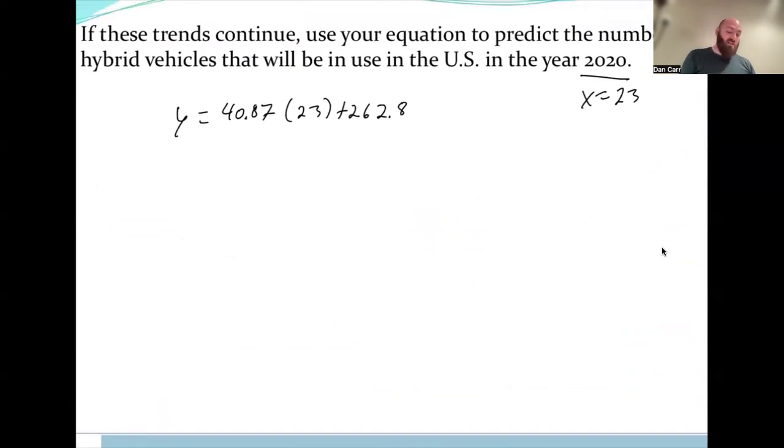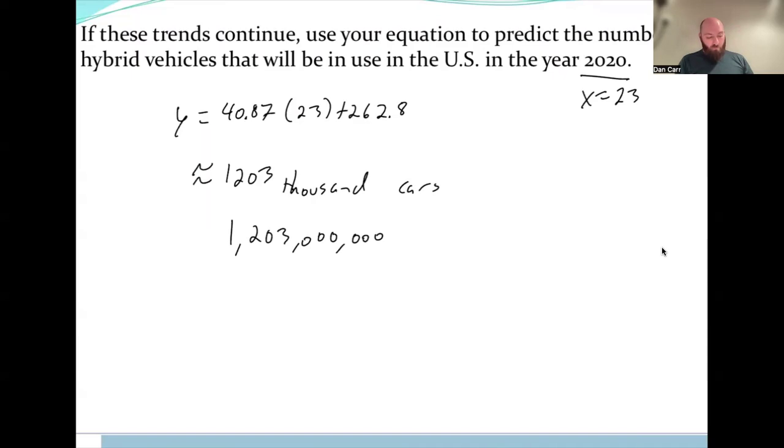So we plug this in the calculator, and that's going to give me about 1,203. In this case, it's going to be 1,000 cars. Now, more realistically, I wouldn't write it that way. Oh, wait, sorry.